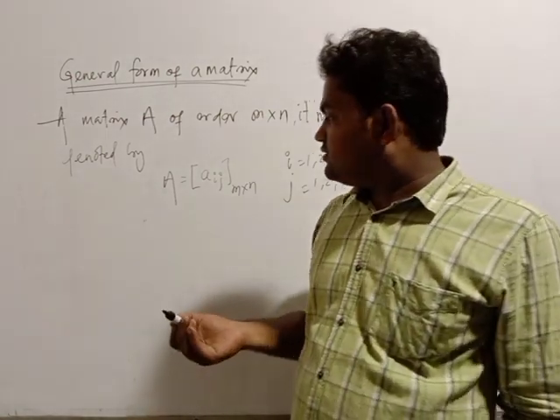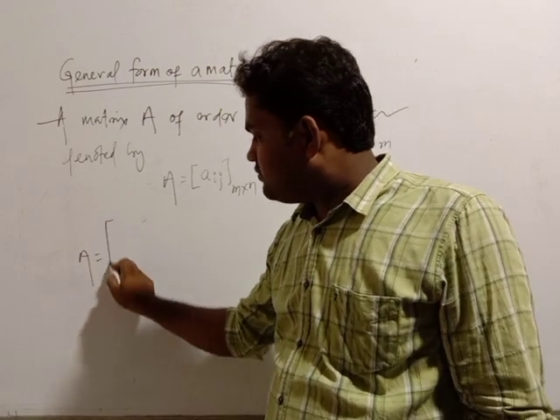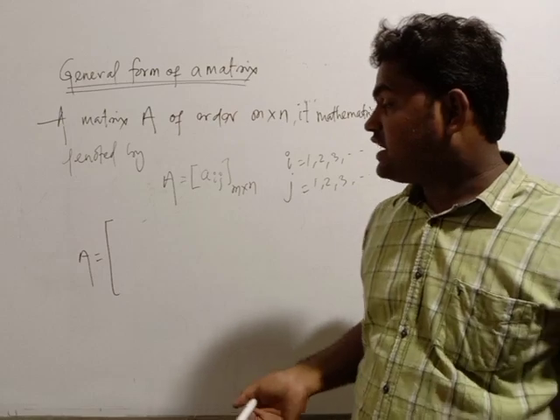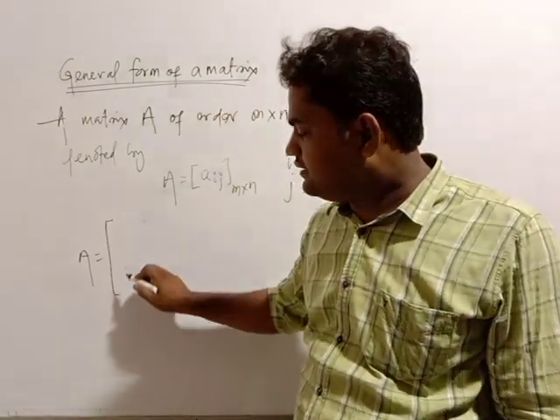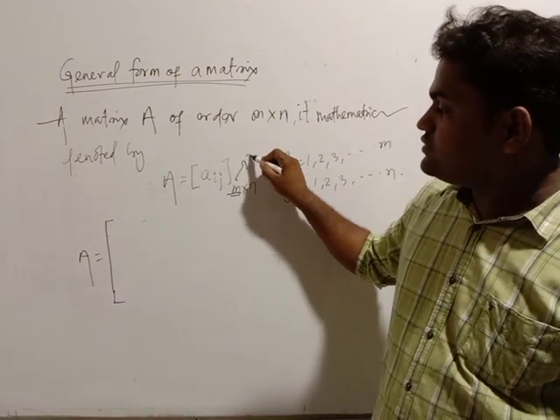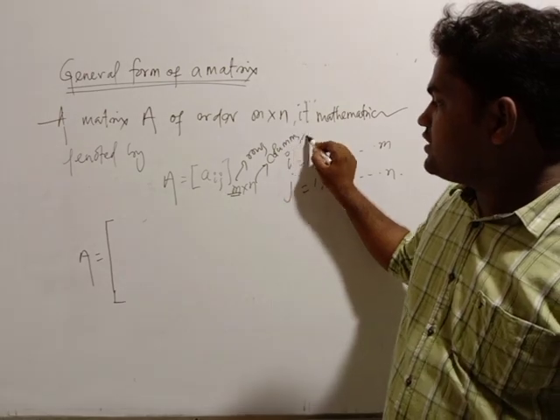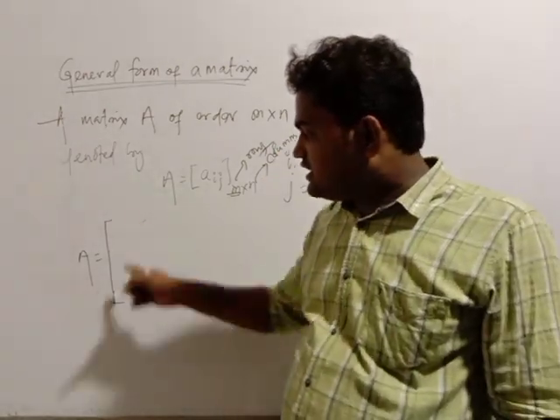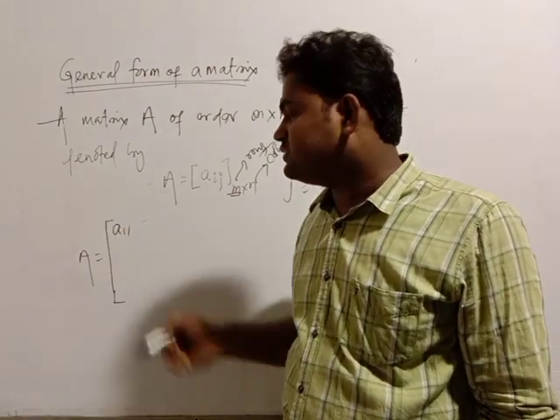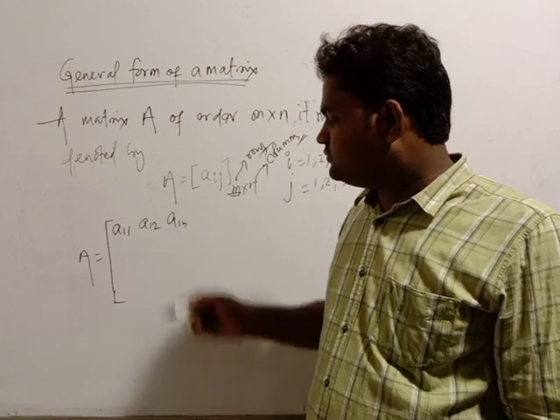That means, look at here, A equal to a matrix of order m by n. That means it has m number of rows and n number of columns. So generally we can write this matrix as a11, a12, a13.